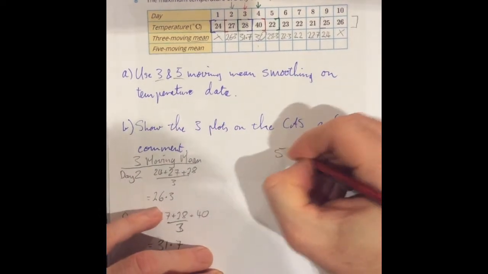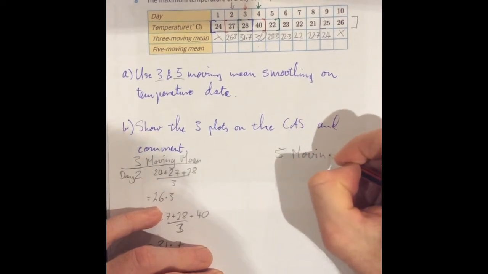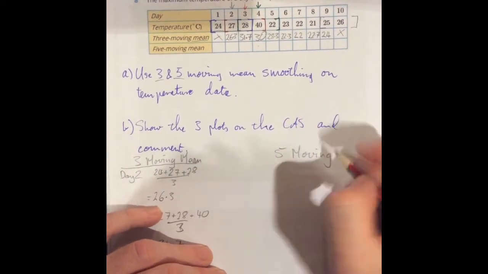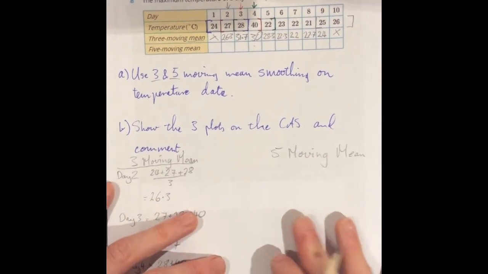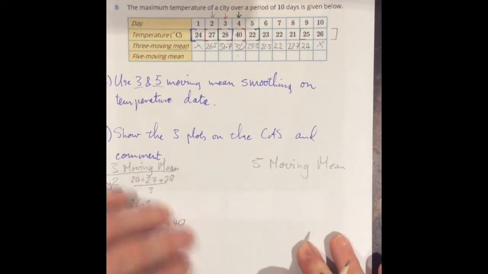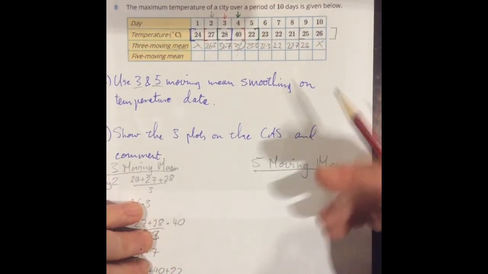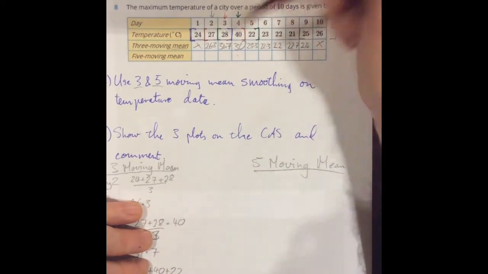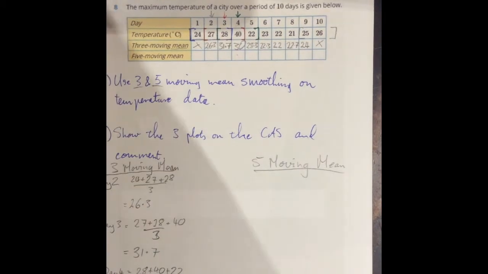Our 5 moving mean, same thing, but we're going to use 5 numbers, and it's going to center on the middle one. Okay. So that means we take our first 5 days and center it on the middle one. So let's pick a bright colour for this one.